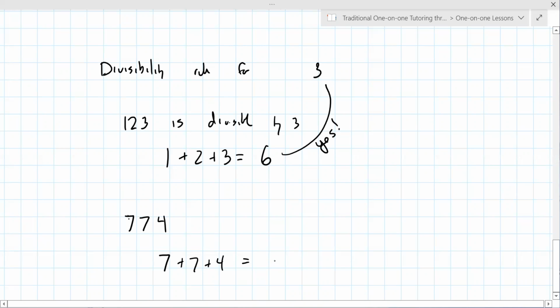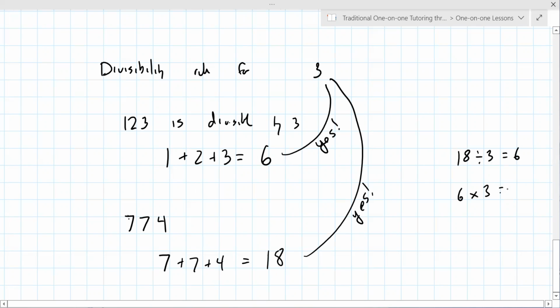Try again. 18. Is 18 divisible by 3? Yes, it is. 18 divided by 3 is 6, or 6 times 3 is 18. Oh my gosh, I'm so slow.